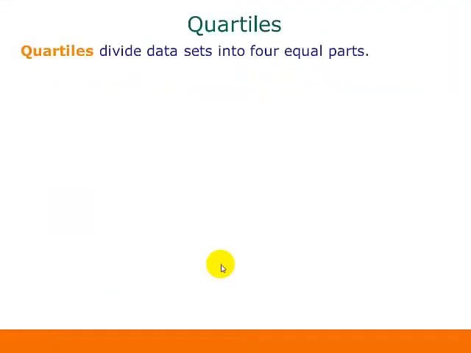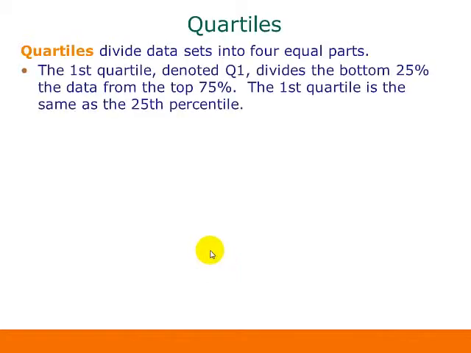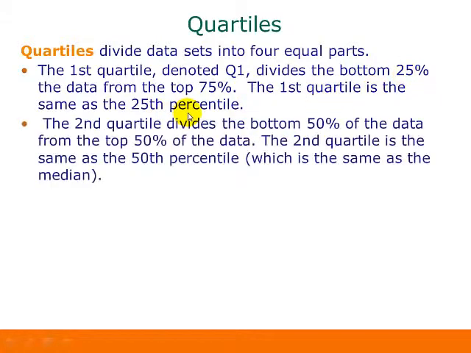Quartiles divide data sets into 4 equal parts. So the first quartile, which we denote by Q sub 1, divides the bottom 25% of the data from the top 75%. Since it's dividing at the bottom 25%, it's the same as the 25th percentile. The second quartile divides the bottom 50% of the data from the top 50%.